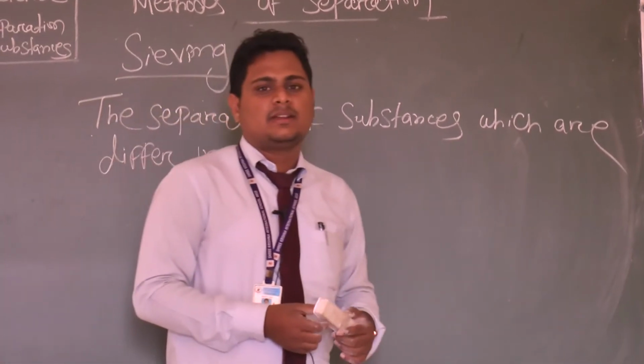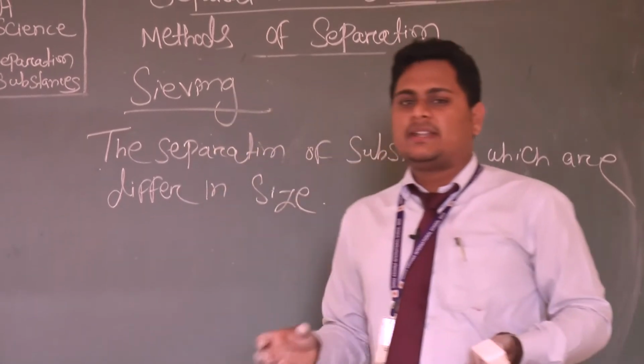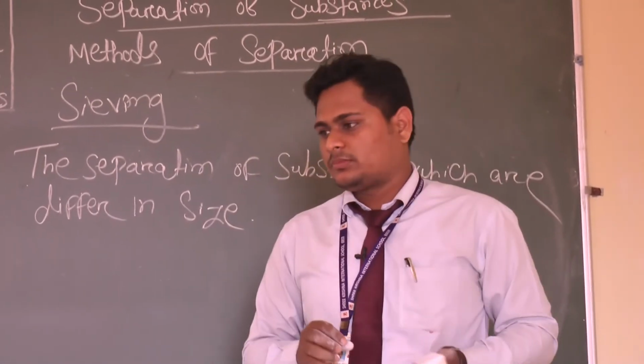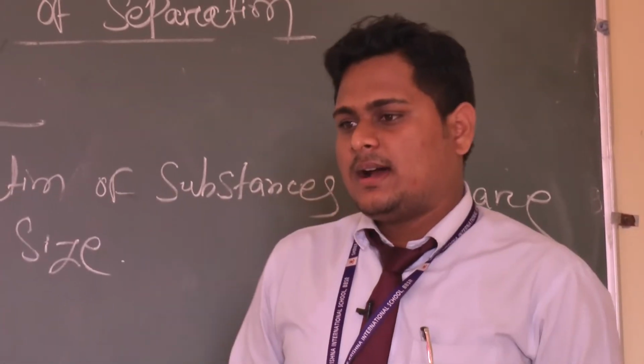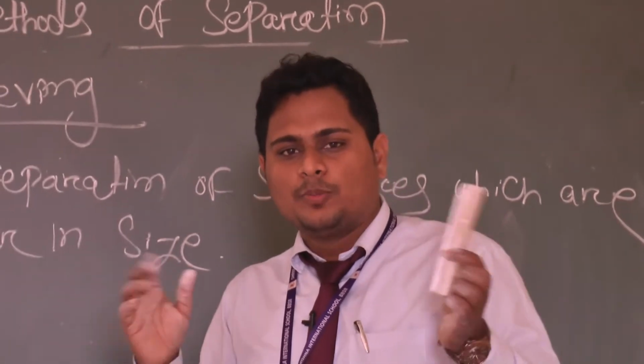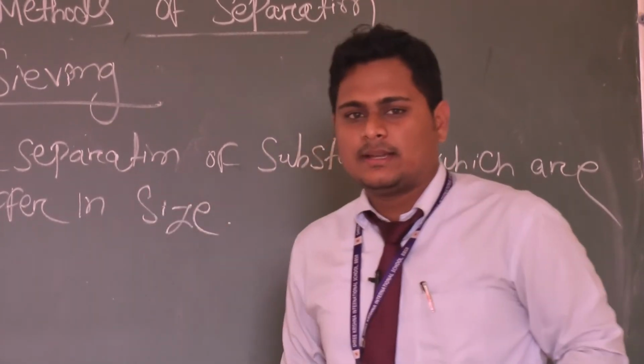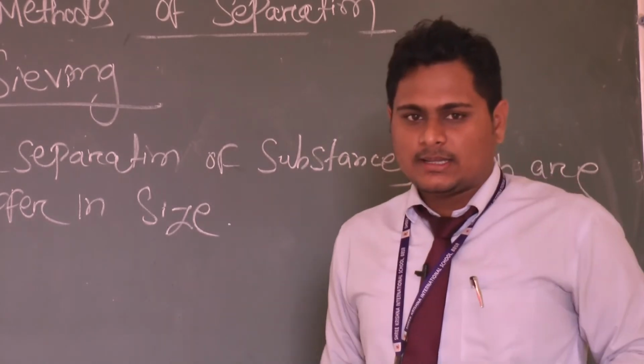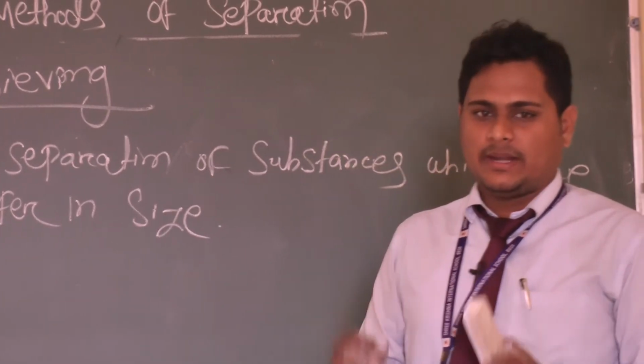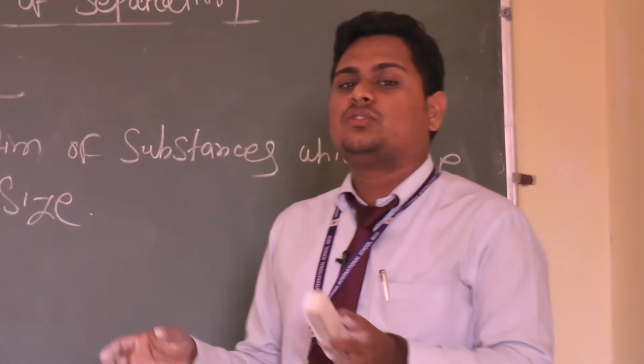Sir, what do you mean by differ in size? If we take a small ball, that is the tennis ball, and we take the football, and some footballs and some tennis balls are there, and we want to separate them, how will we separate? According to their size.